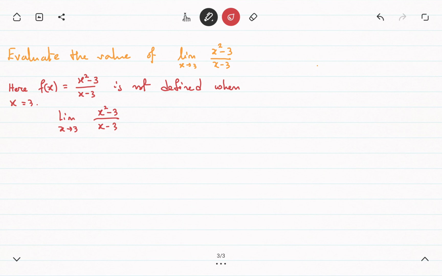If we simplify, it will be the limit of x plus 3 as x approaches 3, so it will be 6. This is what I have just broken down.